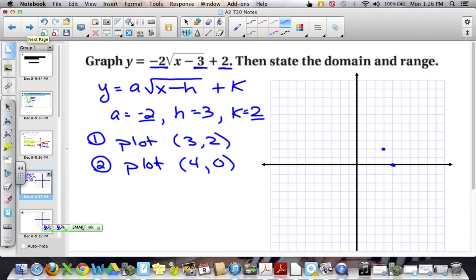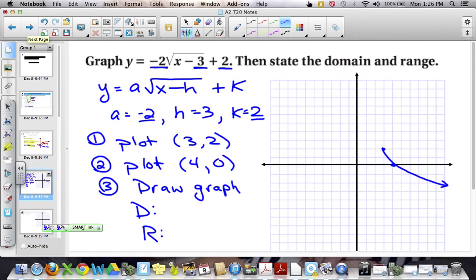So for step 3, we draw the graph. We're going to start at our hk, and we're going to swing down through that other point, like that. And there's the graph. Now, the other piece is that we need the domain and range.